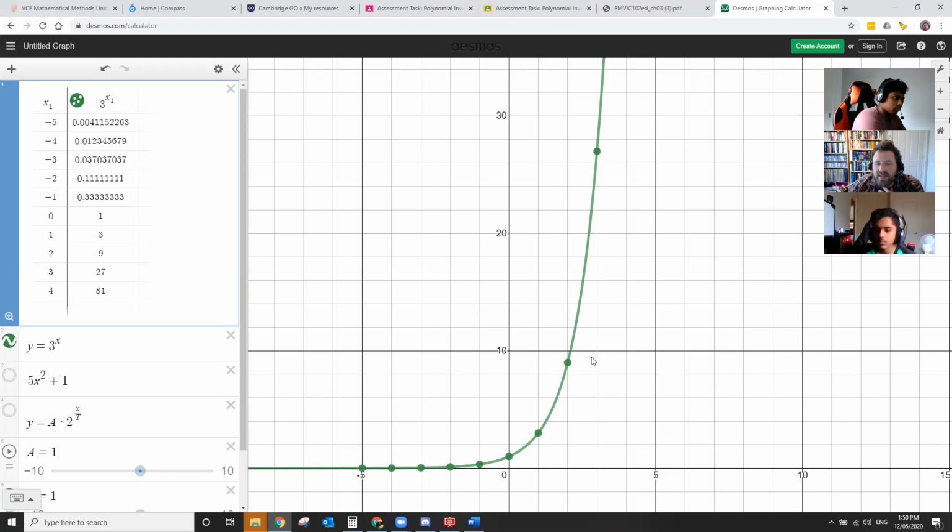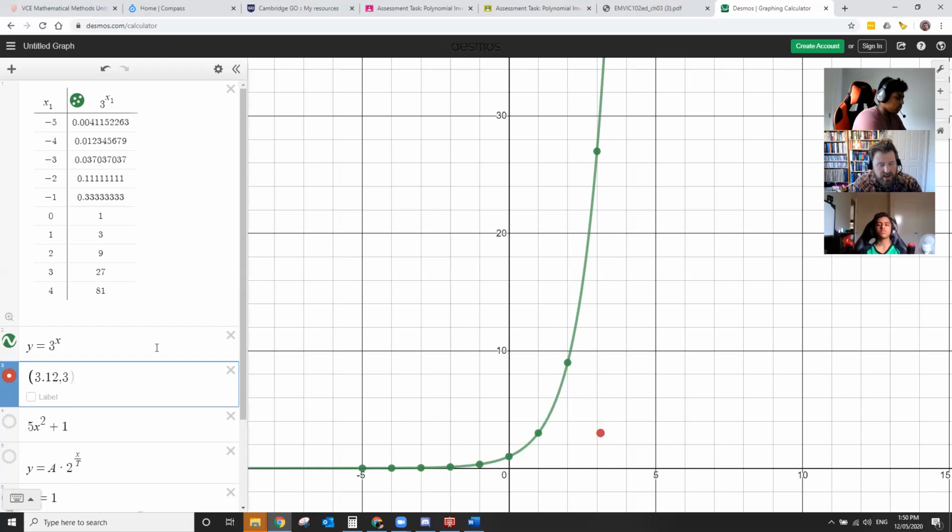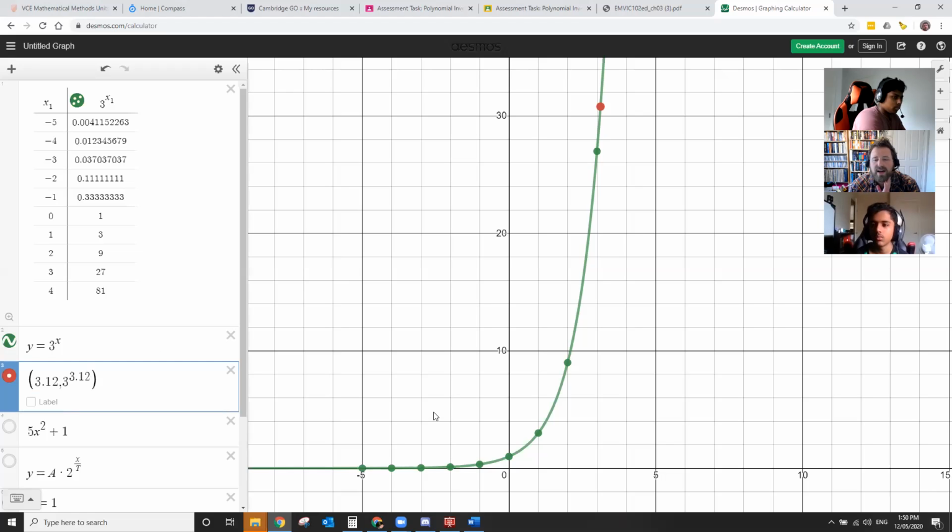So what we end up with then is y equals 3 to the x, and if we want to know what y is when x is equal to, let's say, 3.12, well, then we can just go along our graph here until we get to 3.12, and we can find that point there.